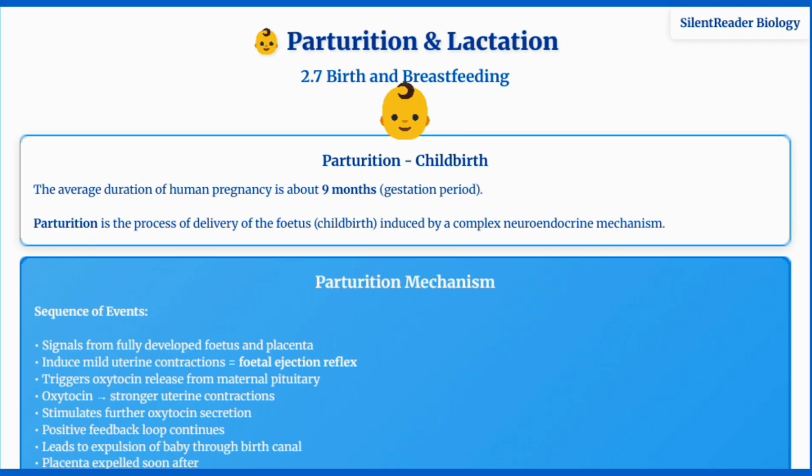This stimulates oxytocin release from the maternal pituitary, which causes stronger uterine contractions that further stimulate oxytocin secretion, creating a positive feedback loop that culminates in the baby's expulsion through the birth canal. Soon after delivery, the placenta is also expelled.